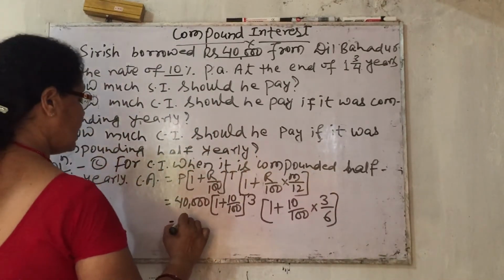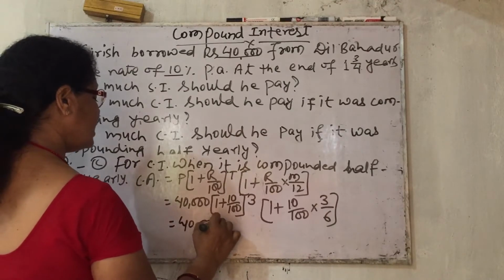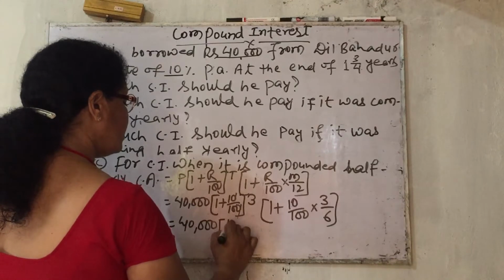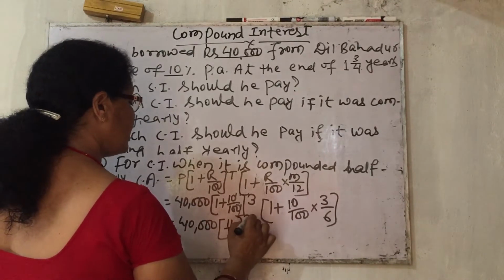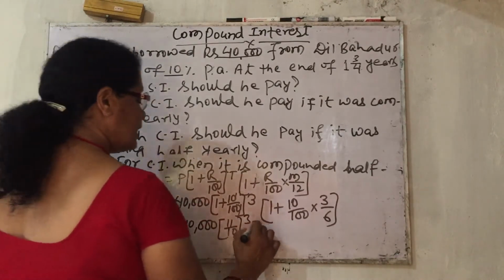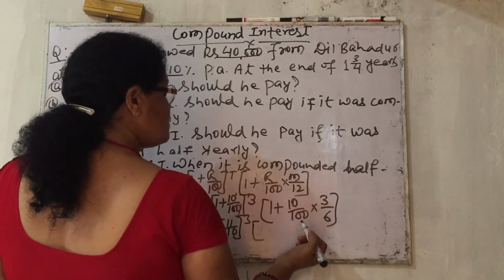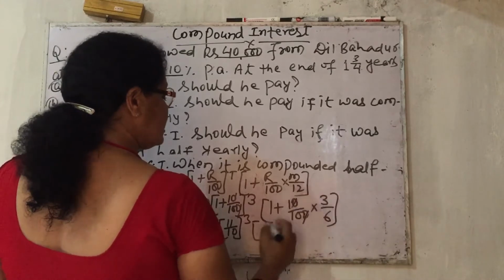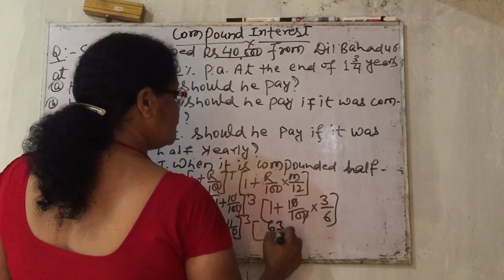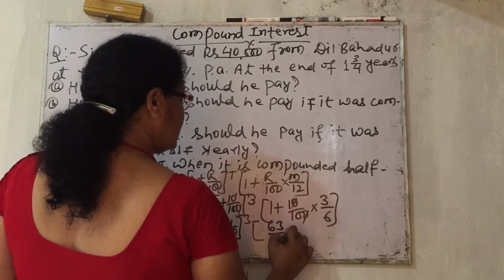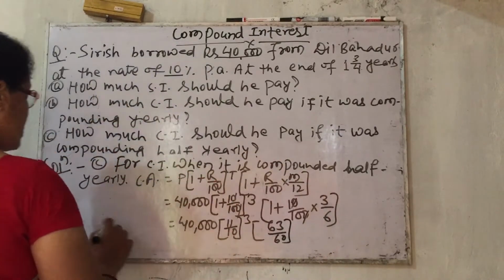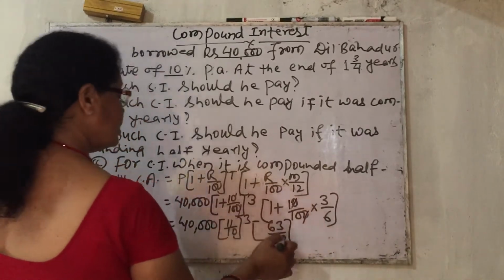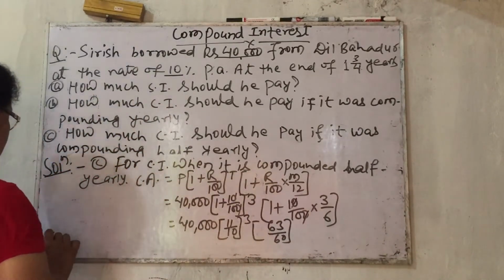So after solving you will get the zeros cancel, 10 and 1 are 11. 11 by 10 its power 3, and here it will be 63 divided by 60. After solving you will get, let's write down one more line.